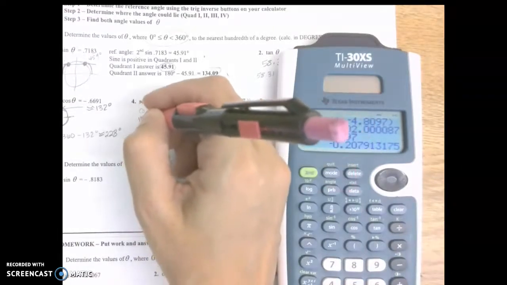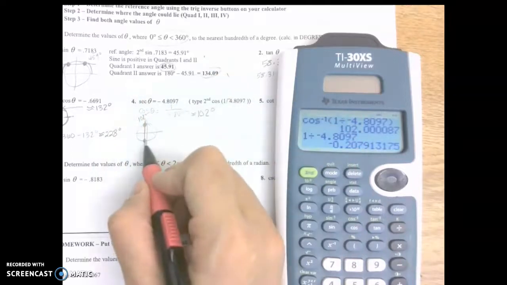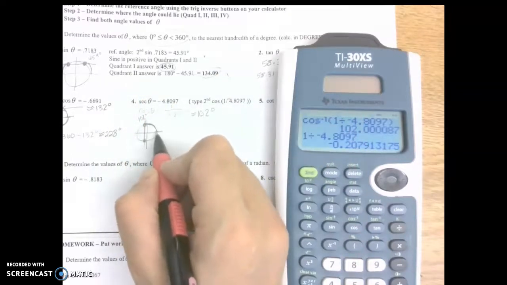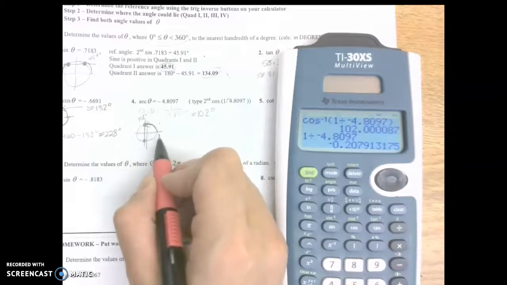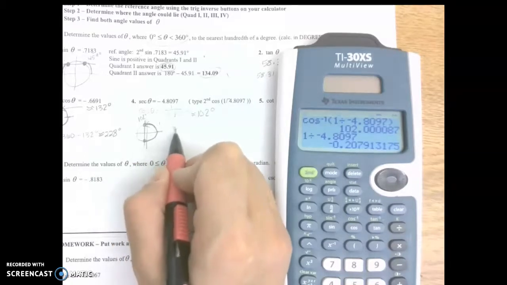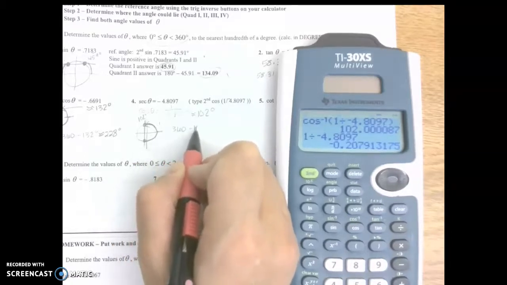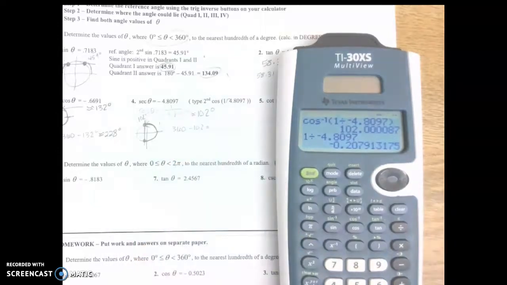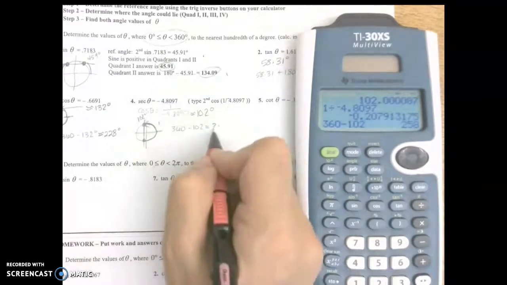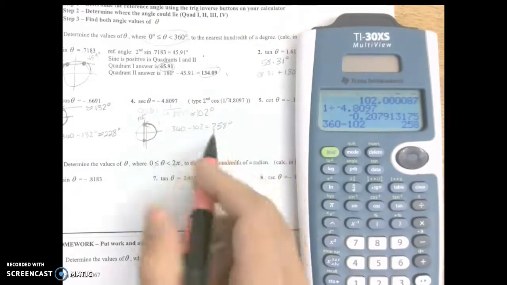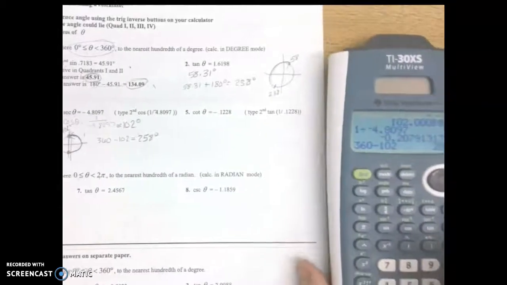So at 102 degrees, and then I've got to figure this one out. So again, from 0 to there is 102 degrees, so I can subtract 102 from 360 and get 258. Okay, and those are my two angles.